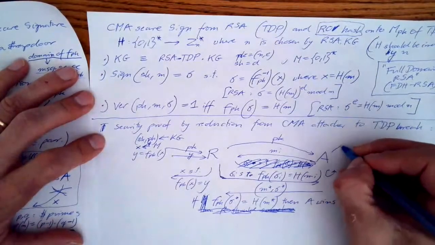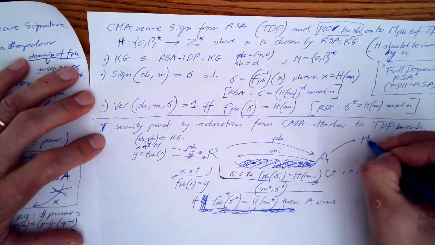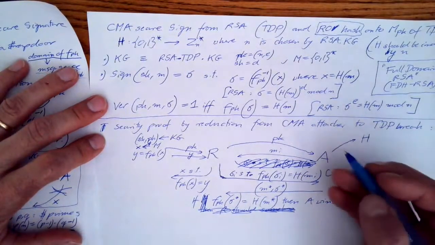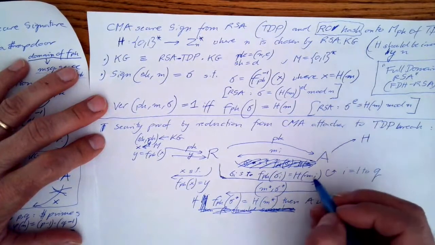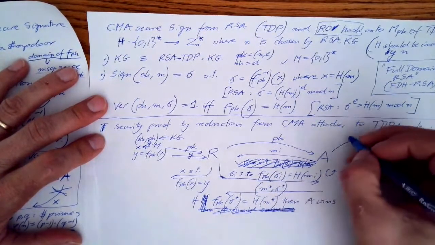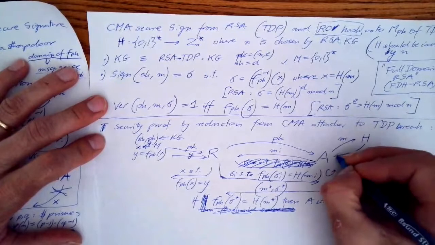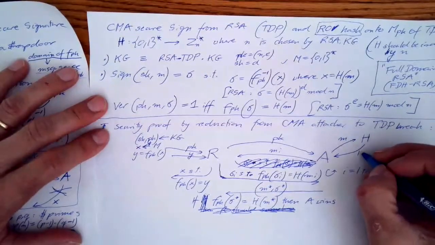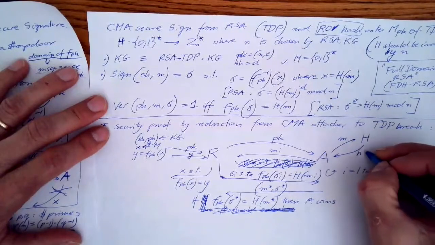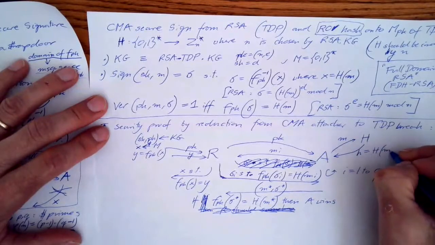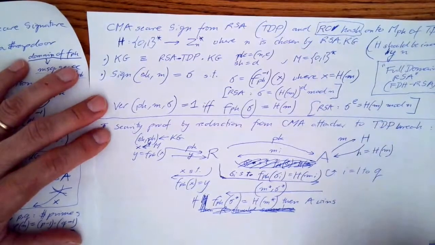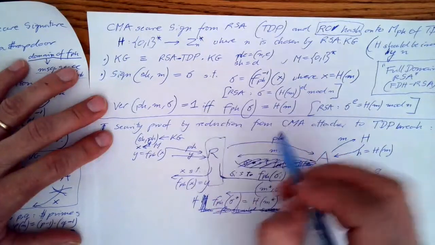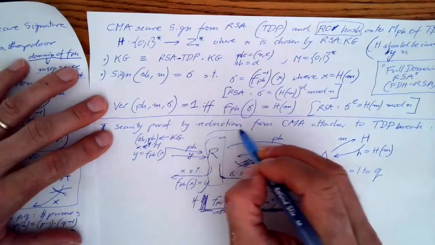But another thing that A does, we are in a random oracle model for this hash function. So the attacker hashes things. What kind of things does he hash? Well, messages. And he gets the values, let's call them little h, which is hash of m. The trick is that the reduction should operate this hash function.